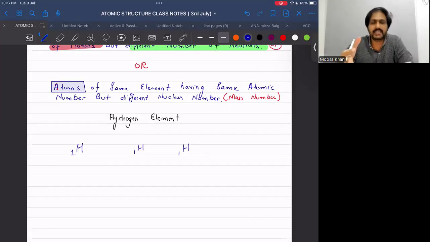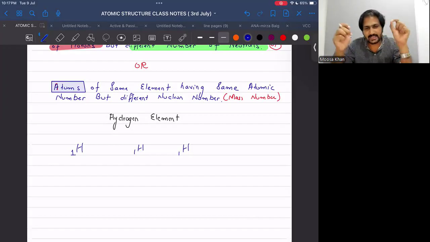Of course, hypothetically speaking, let's say Amna picked up a hydrogen atom and saw 1 proton, so she confirmed to me that it should be an atom of hydrogen element because it has an atomic number of 1.